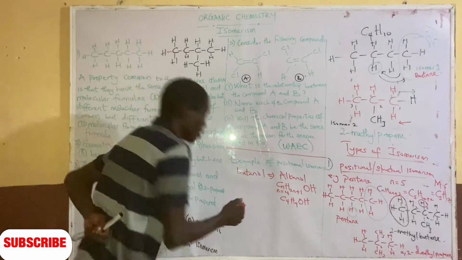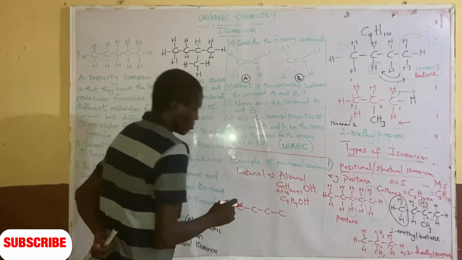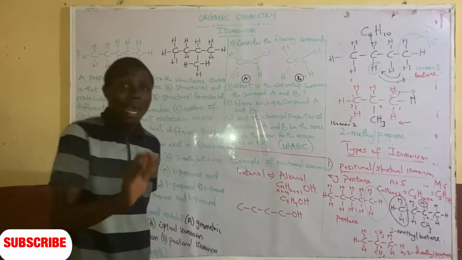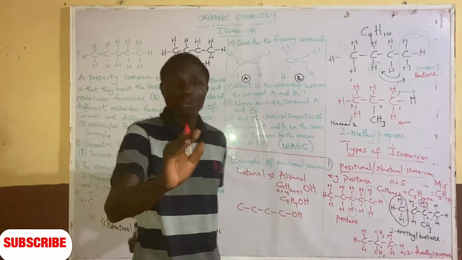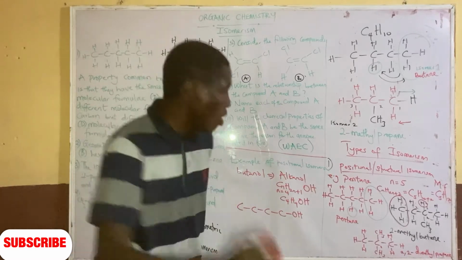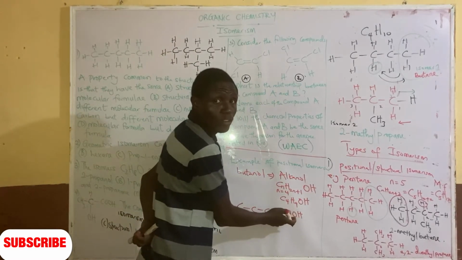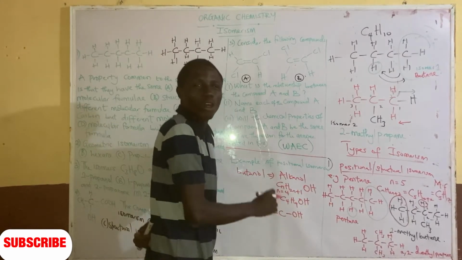If I want to draw the structures, the isomers of butanol, let me focus on carbons 1, 2, 3, 4. For butan-1-ol, my OH, which is the functional group of the alkanol group, is going to be on carbon 1.